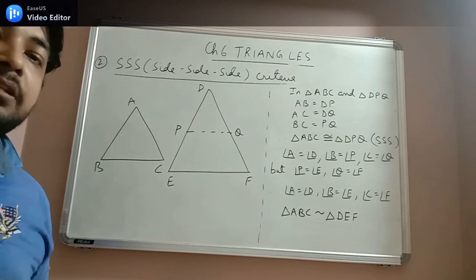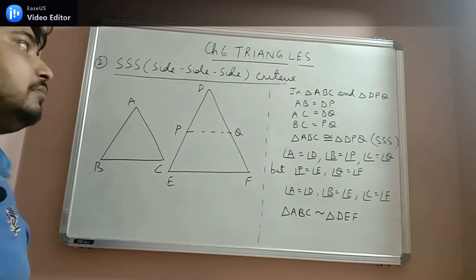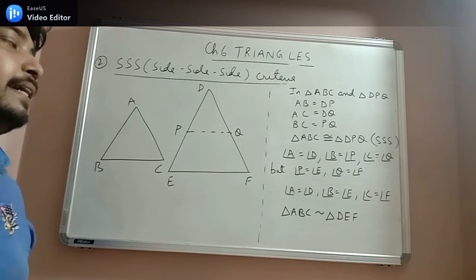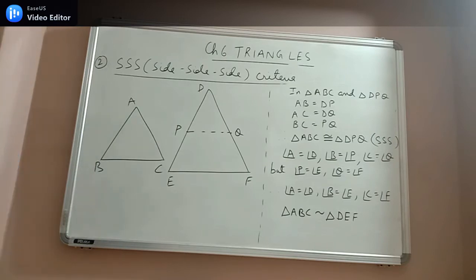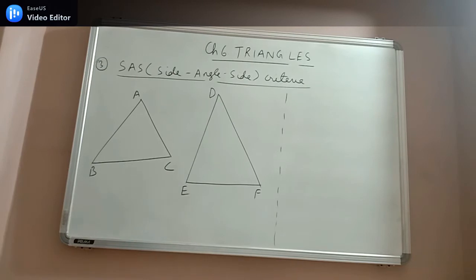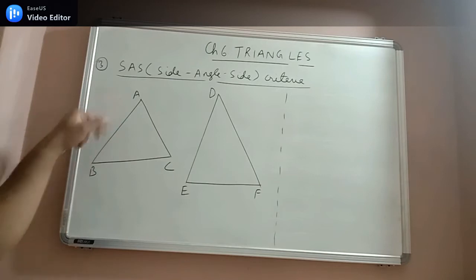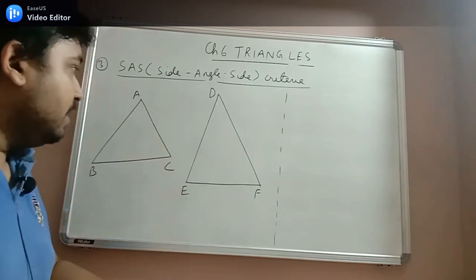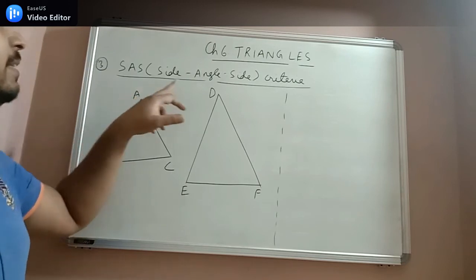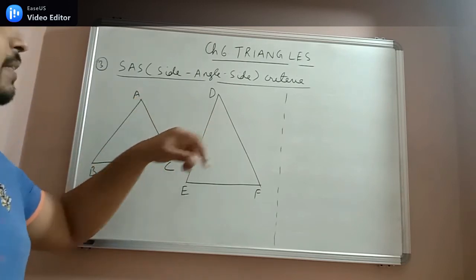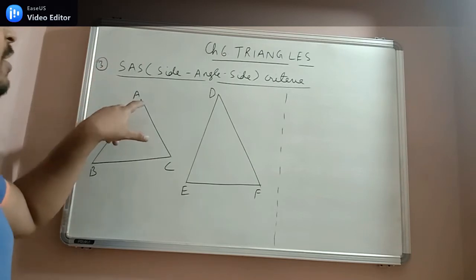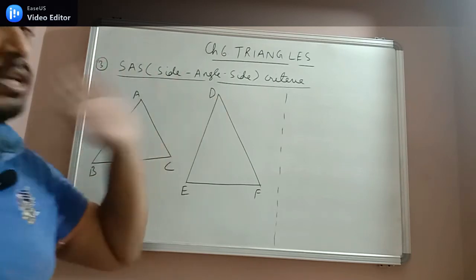Now let's take up the third and the last criteria for similarity, that is SAS, side angle side criteria. Let us consider two triangles ABC and DEF such that one angle of a triangle is equals to one angle of another triangle and the sides including these angles are proportional.